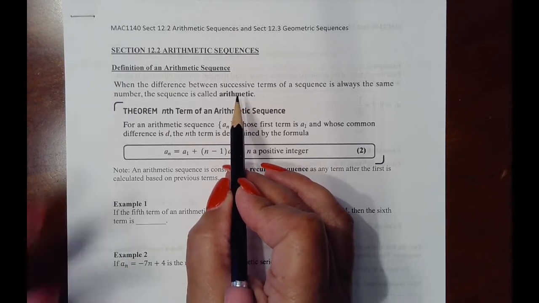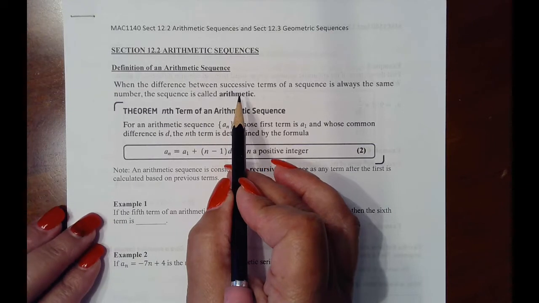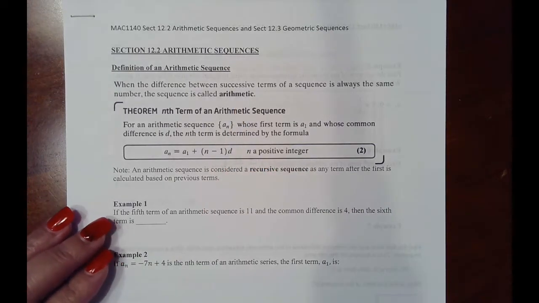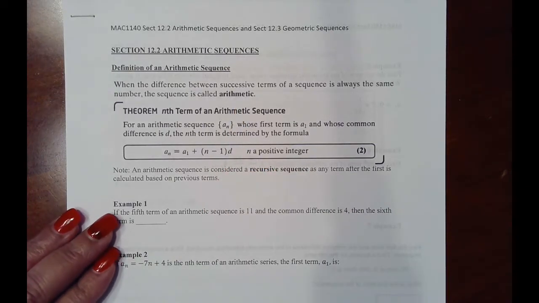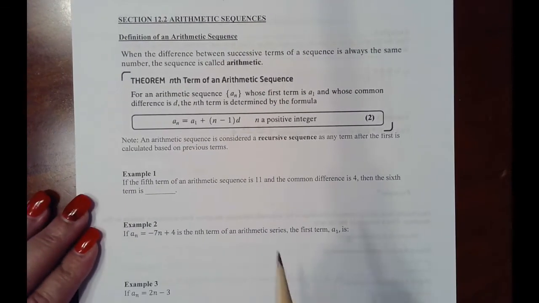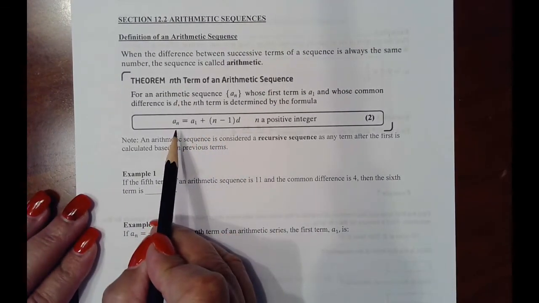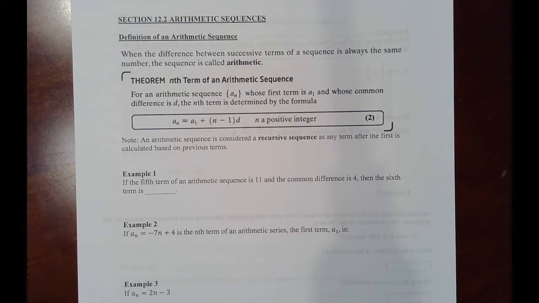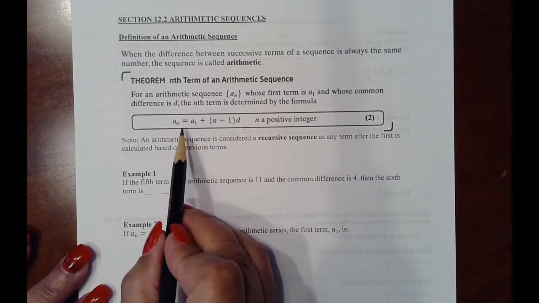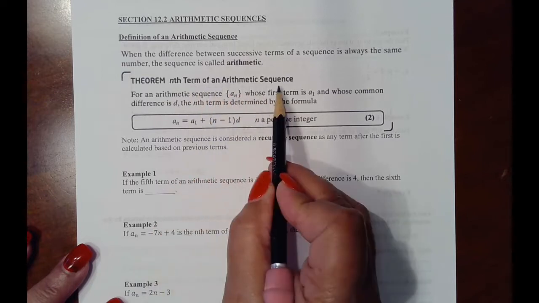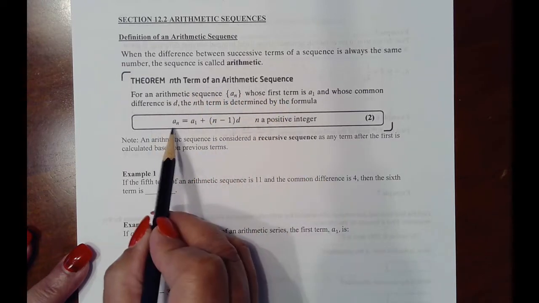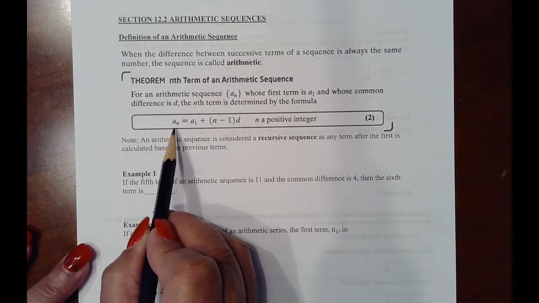Discovering that it's an arithmetic sequence then allows you to use the formulas for arithmetic sequences, such as finding any specific term in the sequence. You could be asked to find the 10th term, the 50th term, the 100th term, and this formula gives you the opportunity to do that. So finding the nth term in an arithmetic sequence, we call that a sub n.